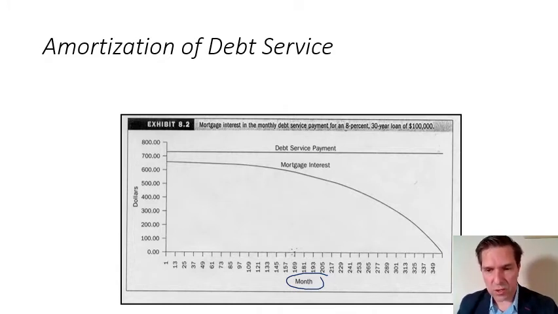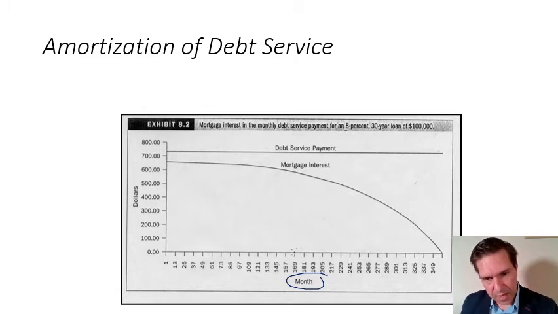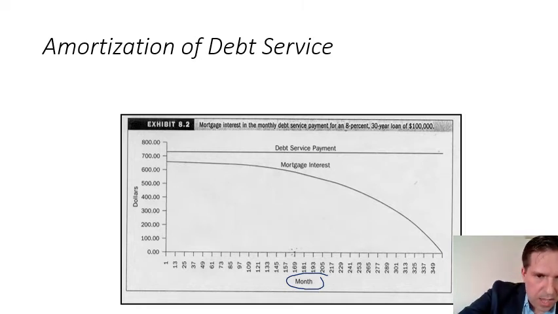So that means that you will pay 360 payments, or 360 months. You can see that reflected here in the chart. We start in the beginning, month 1, and we go all the way to 360. And in the y-axis we have dollars.